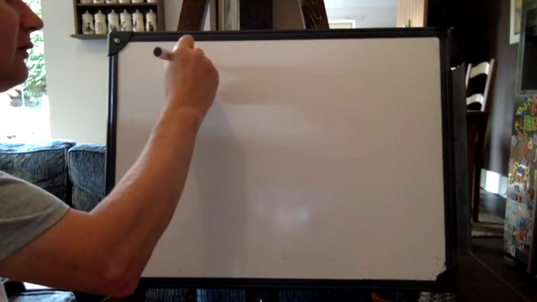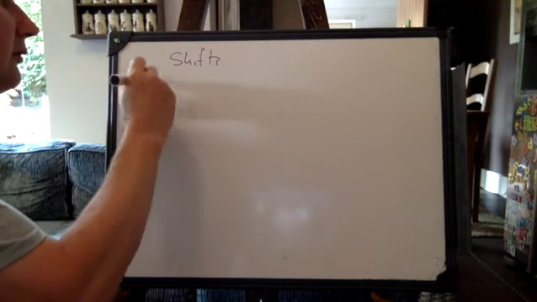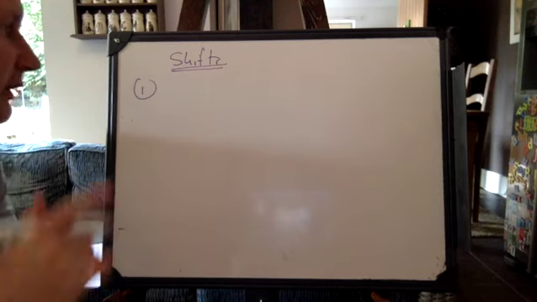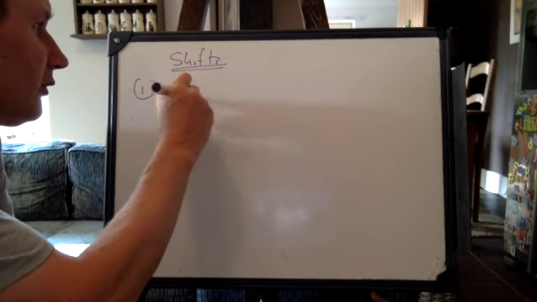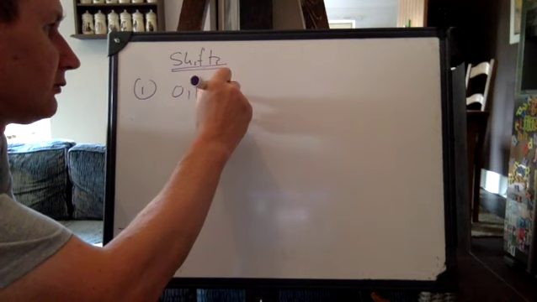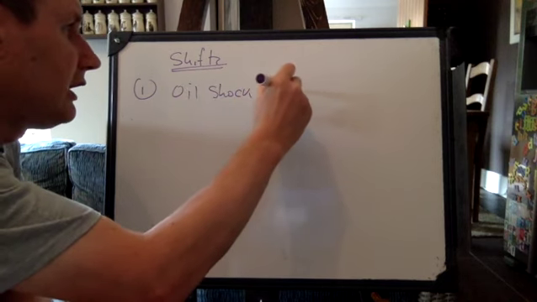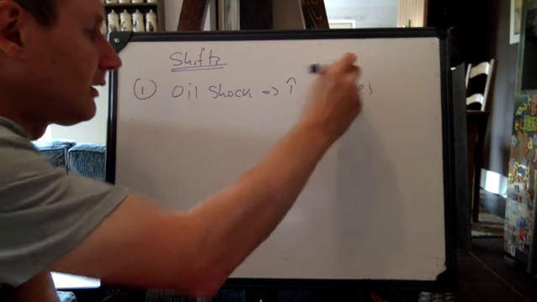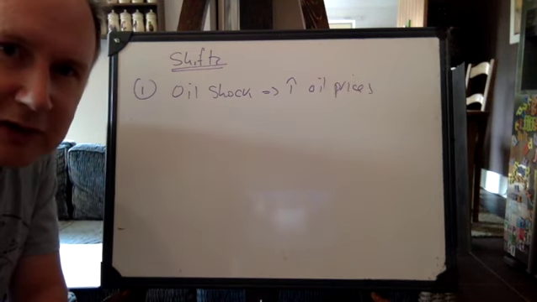So if we start with a change in something that purely affects costs. Suppose there is some sort of sudden oil shock that leads to an increase in oil prices. Nothing's happened to the capacity of the economy.